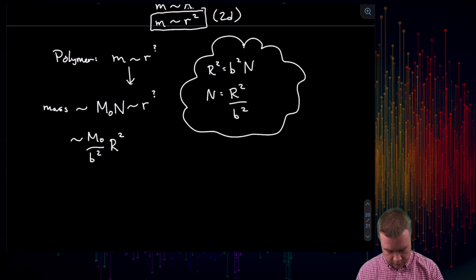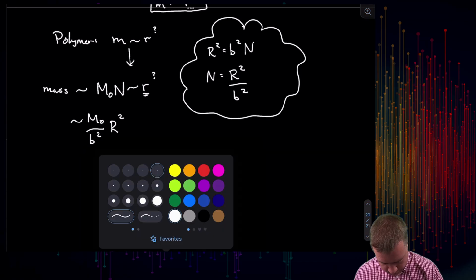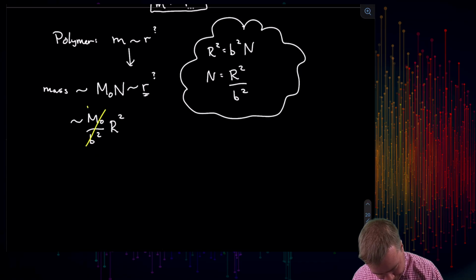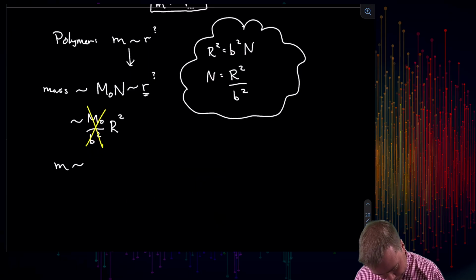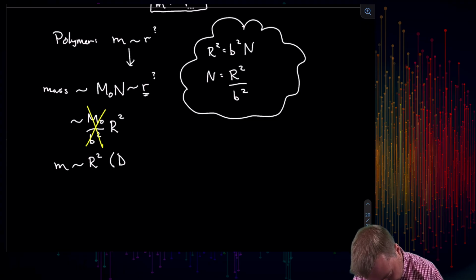That's the same as this one right here, right? It's just the size of the object. And we don't care about these prefactors, right? The point of scaling is that we get rid of those prefactors. And so in this case, what we end up with is that the mass of the polymer chain scales as R squared, so our fractal dimension is equal to 2.